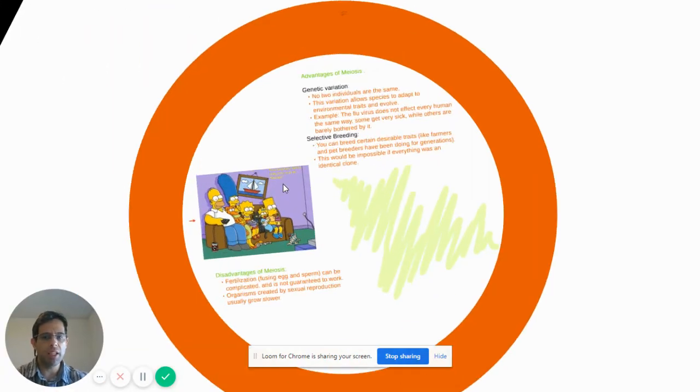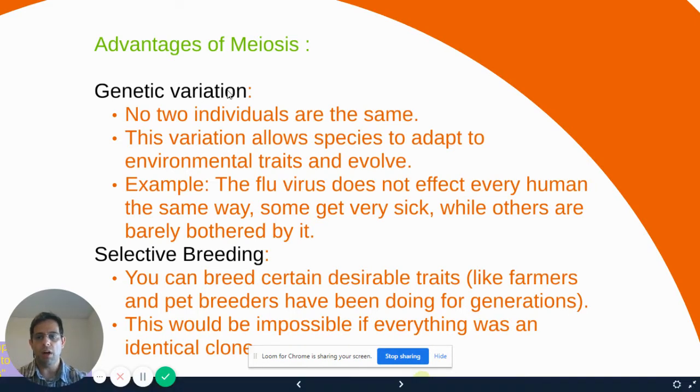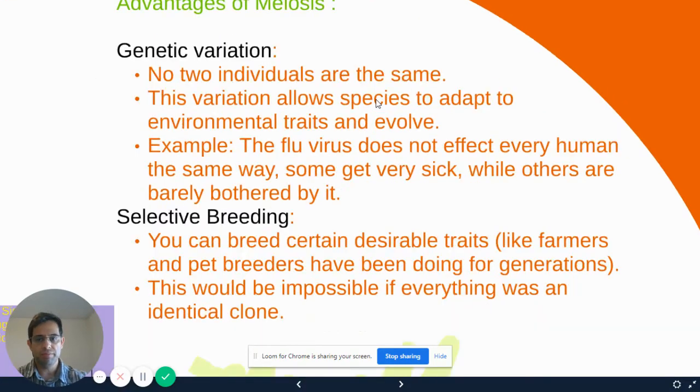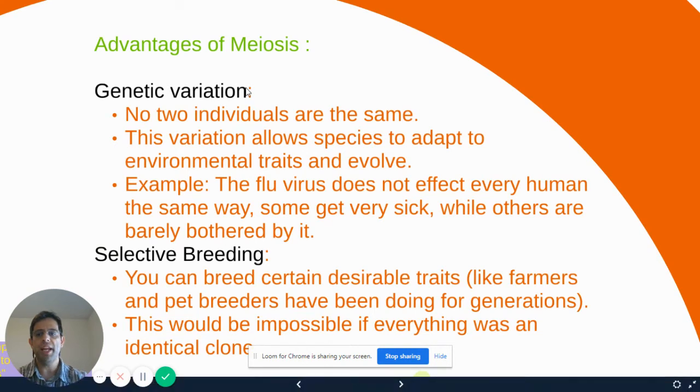All right, moving on a little bit. Let's talk about the advantages of the meiosis process. Well, there are basically two different advantages for meiosis. One is what we call genetic variation. So no two individuals are the same.